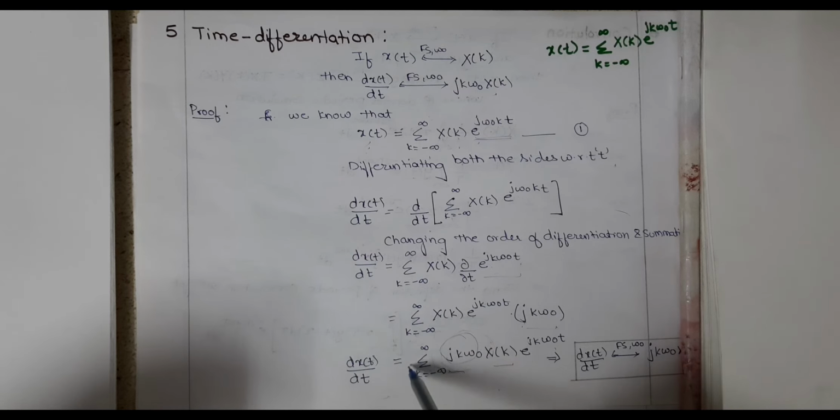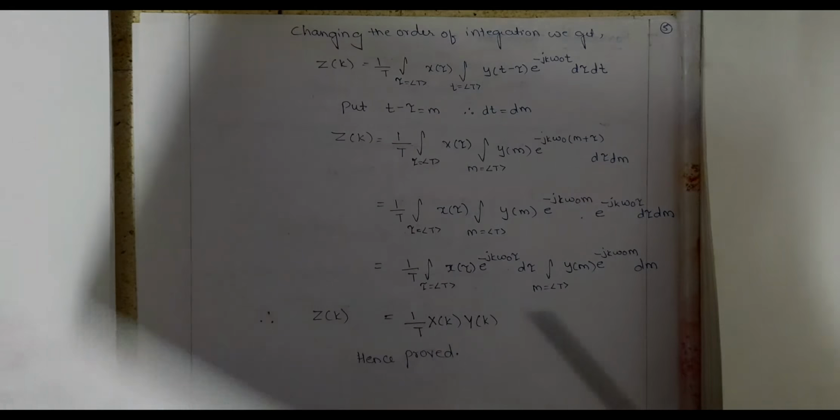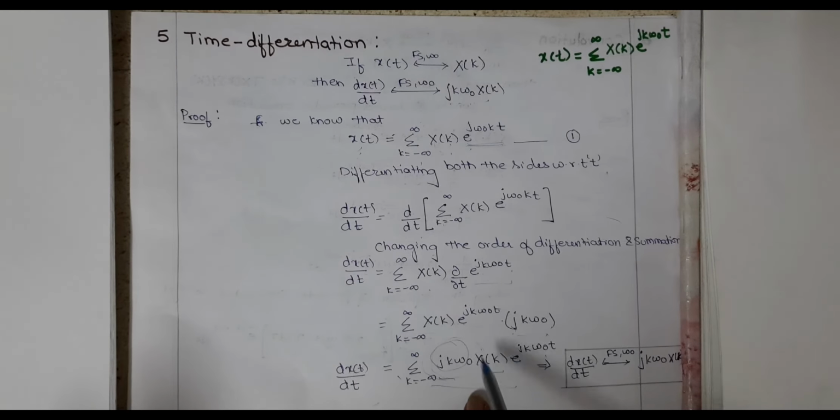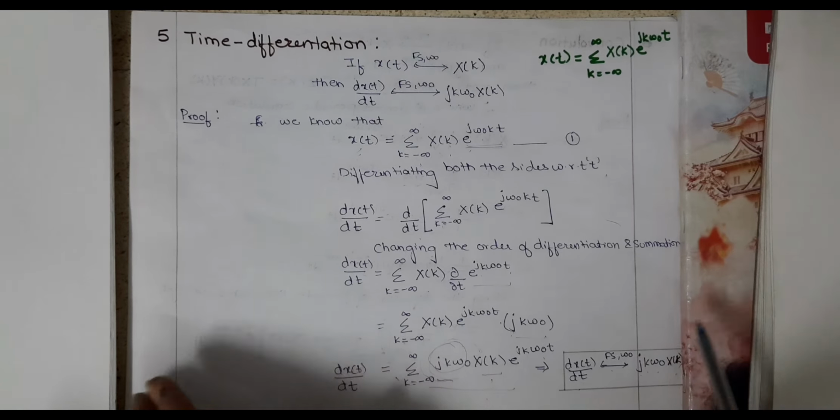This term we can take outside, and the rest of the term is nothing but x of k. Therefore, Fourier representation of this one is j k omega naught into x of k.